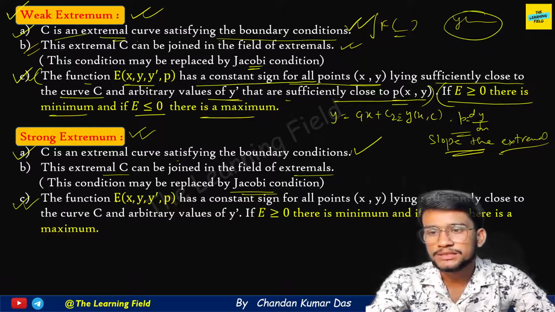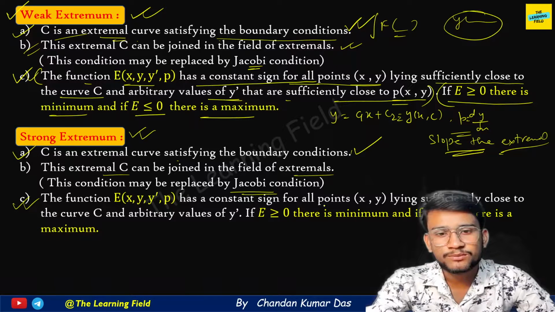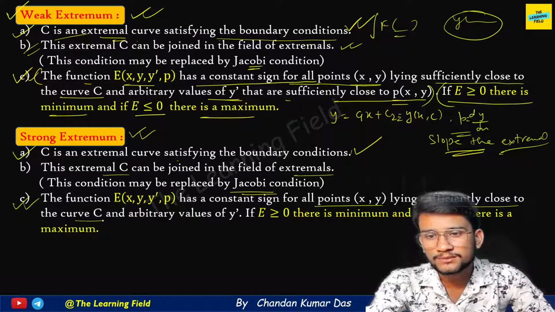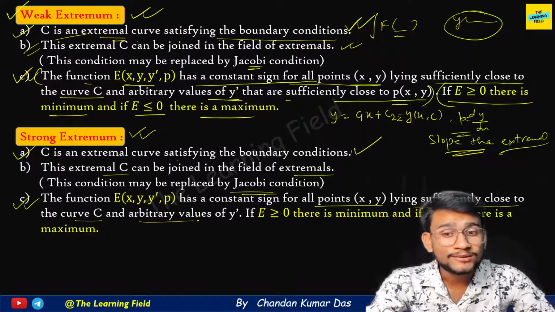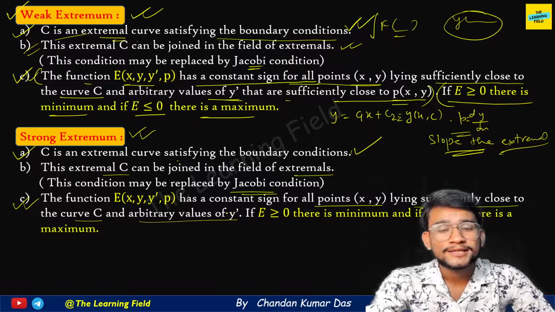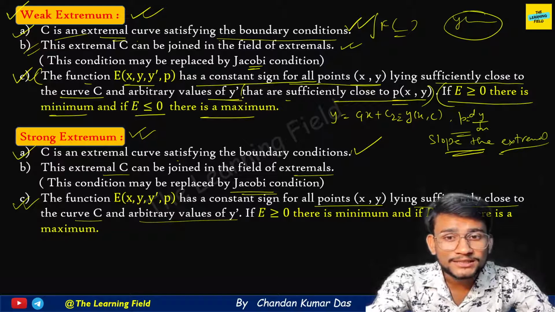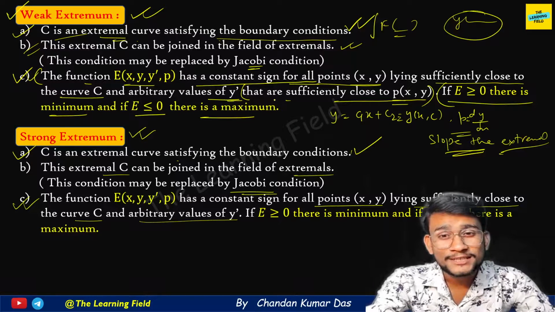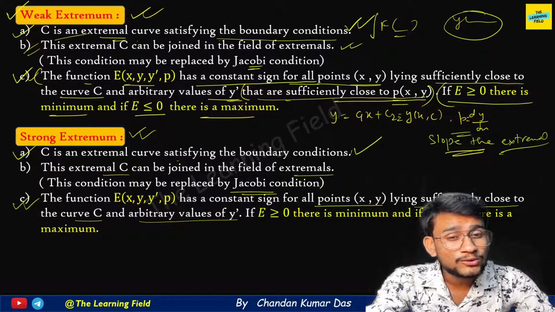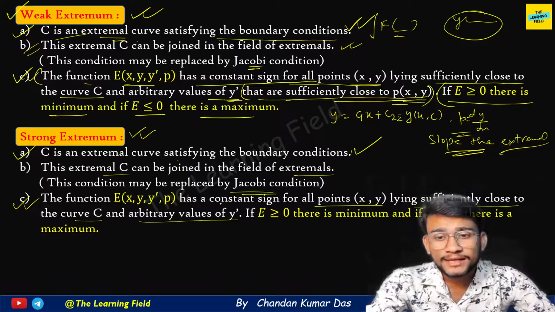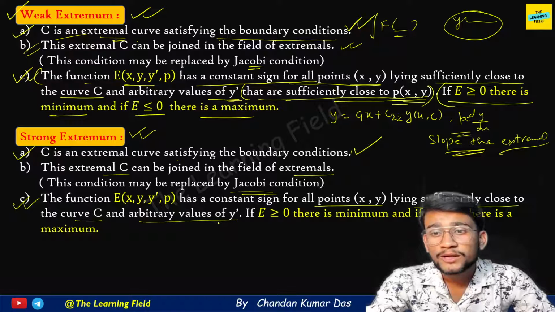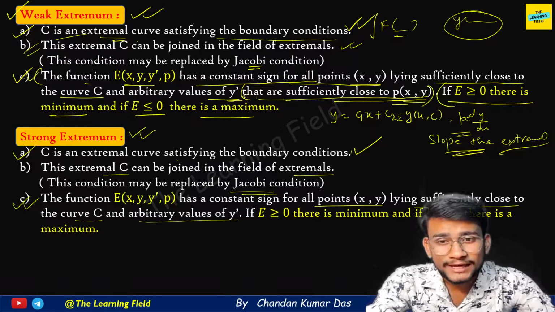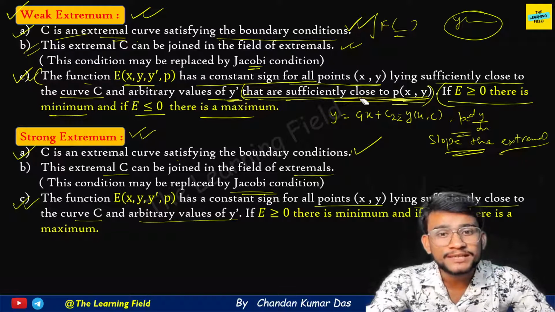And the last condition: the function e(x, y, y dash, p) has constant sign for all points x, y, p lying sufficiently close to curve C and arbitrary values of y dash. Here one term is missing. What is that? That y dash are sufficiently close to p. So in the case of strong extrema, these words are missing.